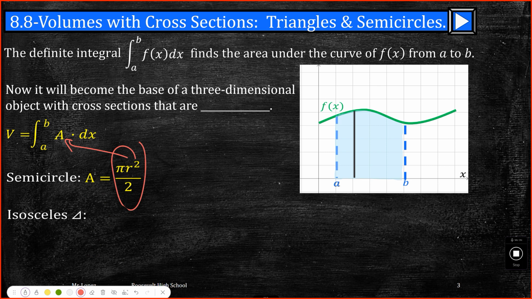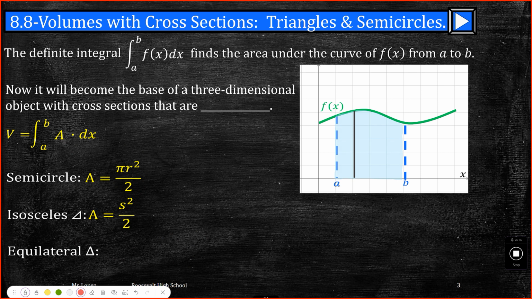It looks like a square. This is equal to this, and then flip it, and this is equal to this, so it's half a square. So this will be s squared divided by 2. Just find your own way of remembering the formula for isosceles triangles. So that s squared over 2 goes in here now.